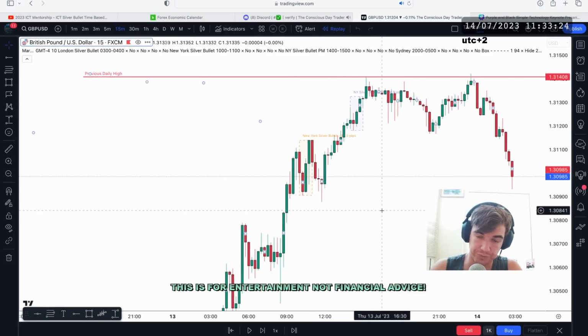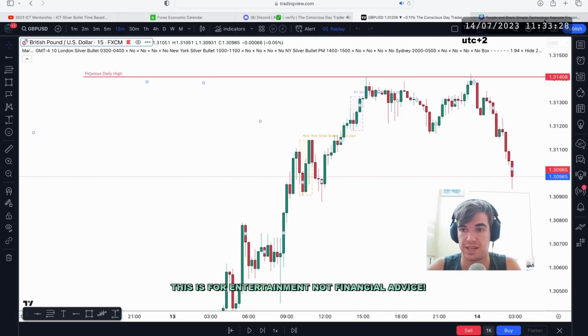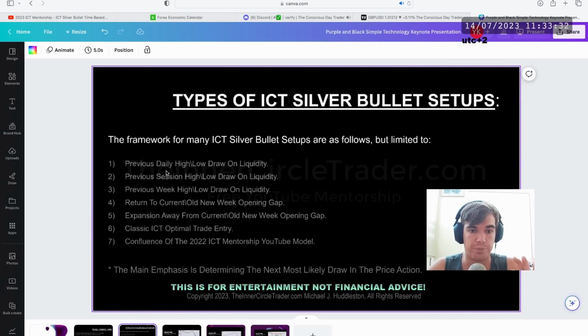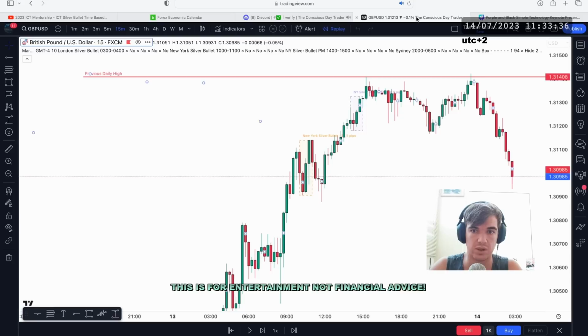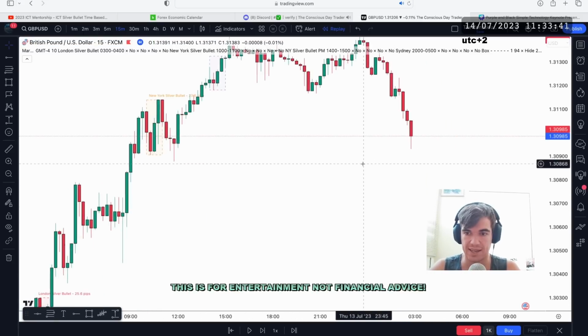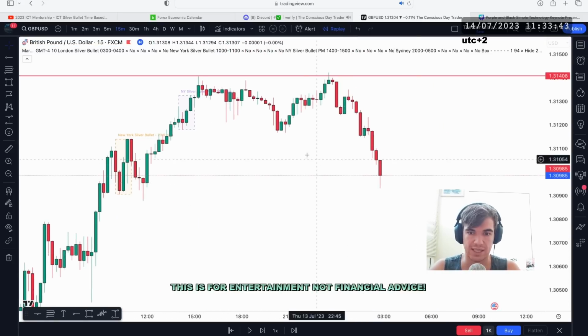Okay. Now, what information do we know from the presentation? We know that we're looking for a previous daily high and low draw on liquidity. What does that mean? We need to find where liquidity is. Okay, so where is the liquidity on this range?